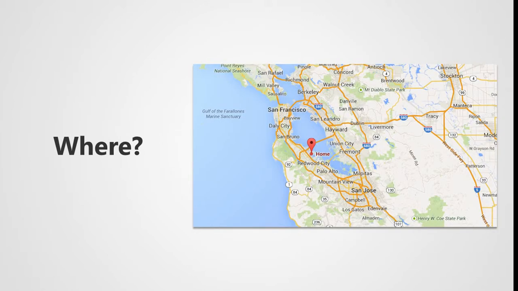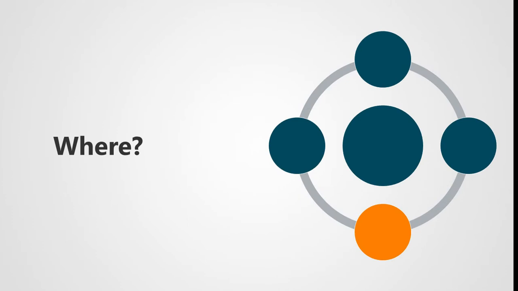So if we're talking about where, there's an obvious where, right? We're talking where, you probably want to draw a map, right? There's my house. If you're talking about where, though, a lot of times you're talking about where you are in relation to other things. So you might describe it as part of a diagram. For example, here, you might say, where is our team within this organization?